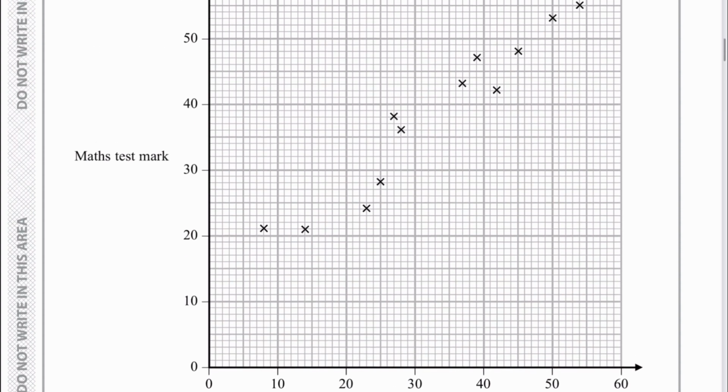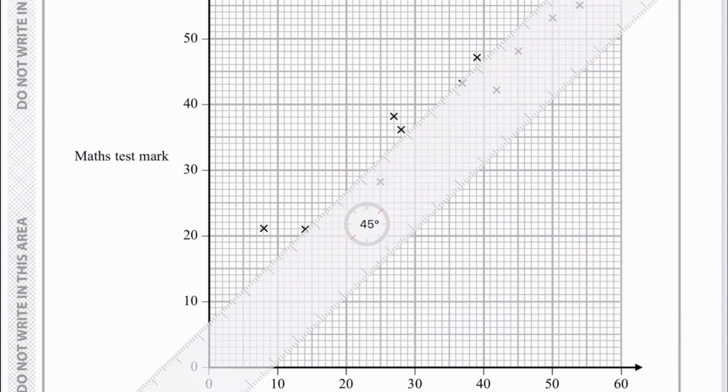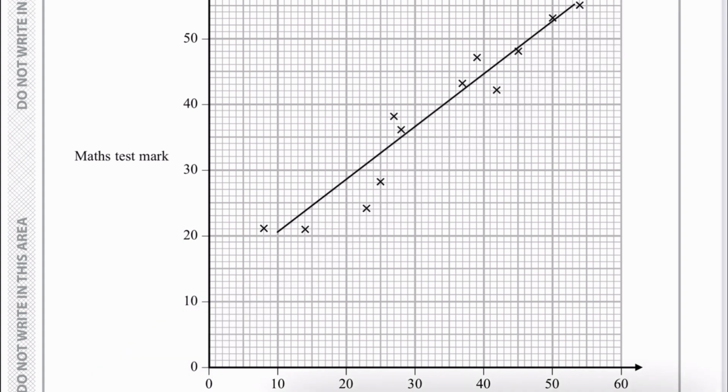So what I'm going to do is use a line of best fit. Hopefully this will come out okay on the actual video, but we're going to be looking at something like this. There is a variation here. You might have something that's slightly different to me, but hopefully between the two of us we should come up with a reasonable answer.